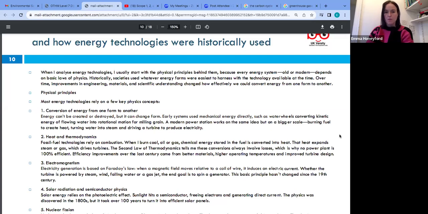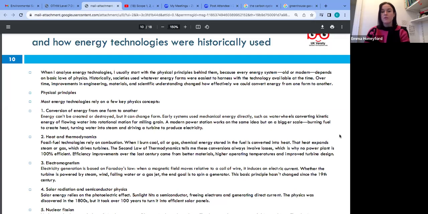Heat and thermodynamics. Fossil fuel technologies rely on combustion. When we burn coal, oil or gas, chemical energy stored in the fuel is converted into heat. That heat expands into steam or gas, which then drives the turbine. The second law of thermodynamics tells us these conversions always involve a loss, which is why no power plant is ever 100% energy efficient.